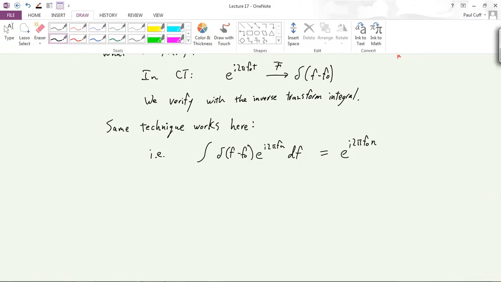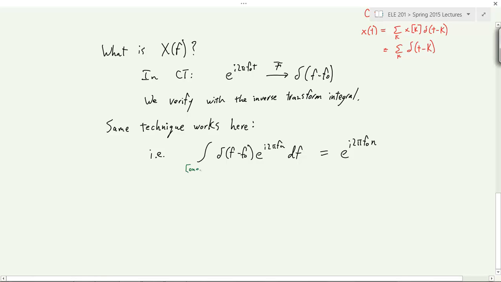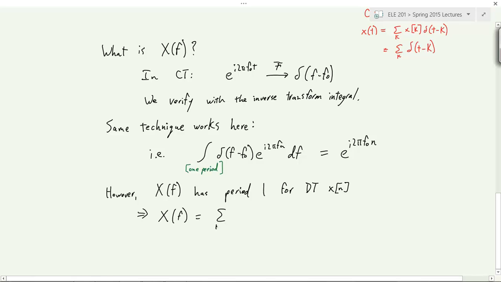But we can integrate over one period here, and as long as that period contains the delta function, this is going to be true. So what we've deduced by this is that we know the Fourier transform of any discrete time signal is periodic. So by assuming that this has period 1, then we know that X(f) is the periodic extension of the above.